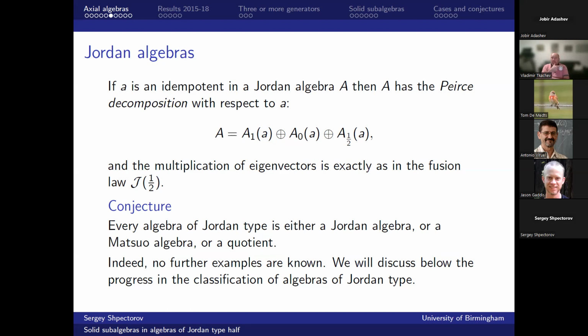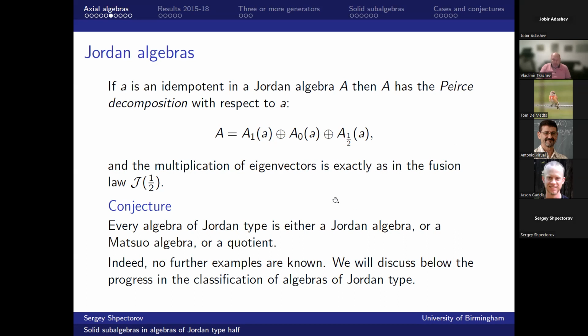It's a classical result about Jordan algebras. We should probably mention that not all Jordan algebras are axial, because you can have algebras without any idempotents, and we asked for the algebras to be generated by primitive idempotents. But all the simple algebras over algebraically closed fields, I think, are axial algebras.